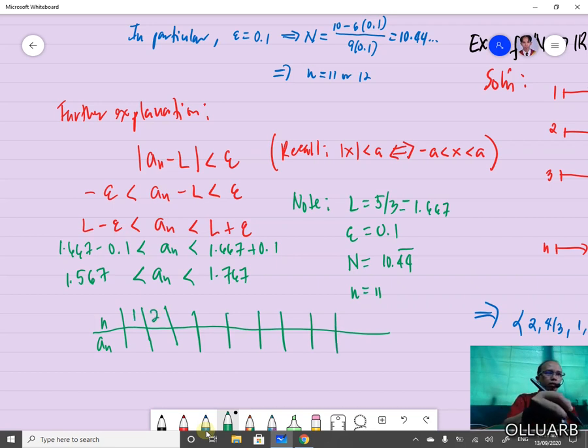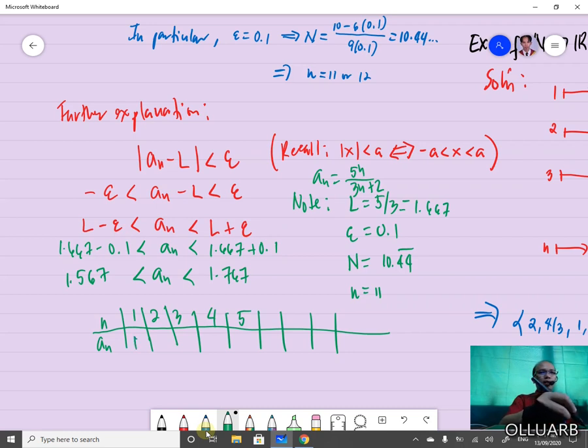This is 1, 2, 3, 4, 5. Note that our a sub n is 5n over 3n plus 2. If you substitute n equal to 1 into this equation of the sequence, we have 5 times 1 over 3 times 1 plus 2.